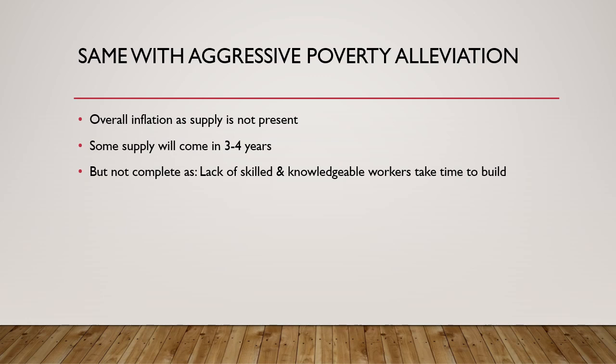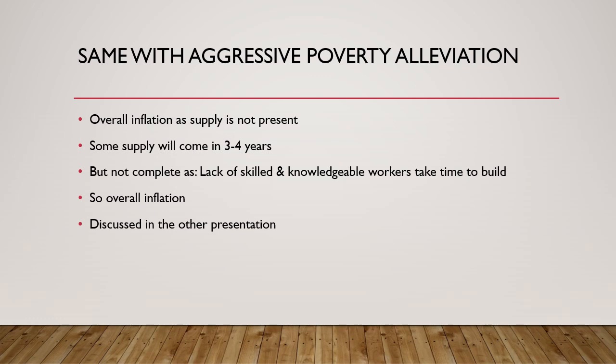Some basic supply can come online, but beyond that, it will require good, skilled, knowledgeable workers to produce goods, which will be lacking in the economy. And again, since we have hit the boundary limits and there is no slack of labor available in the economy, inflation increases in this case as well.